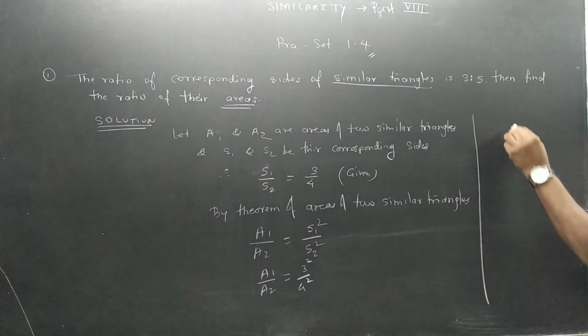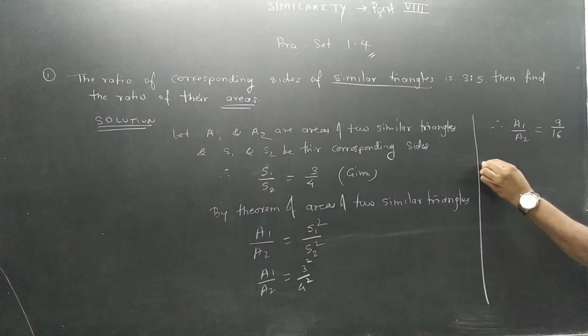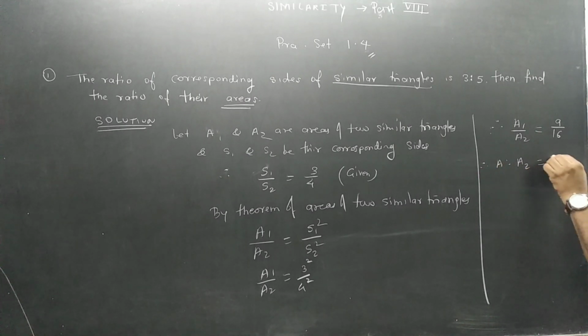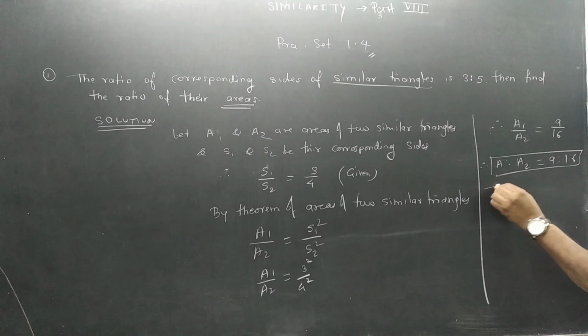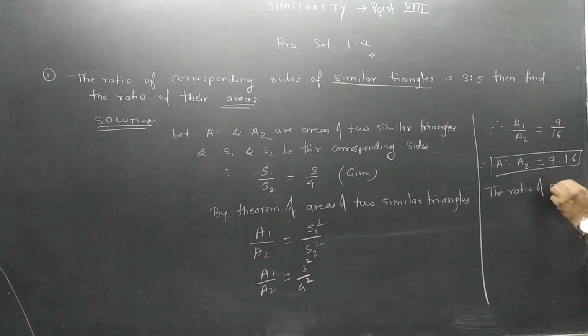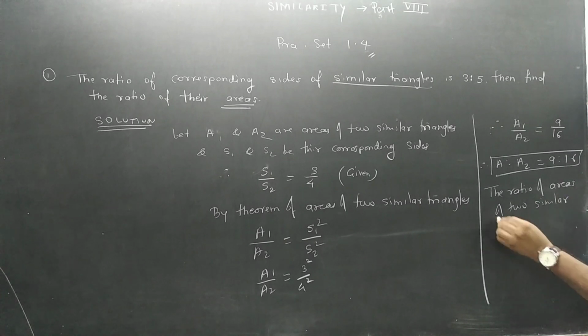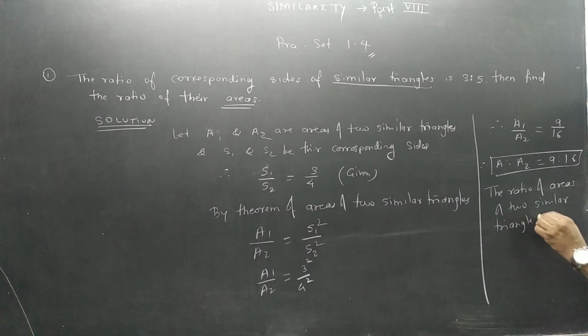Hence, A1 upon A2 is equal to 9 upon 25. Therefore, A1 is to A2 is equal to 9 is to 25 is your answer. And the ratio of areas of two similar triangles is 9 is to 25. This is your final answer. Copy down this.